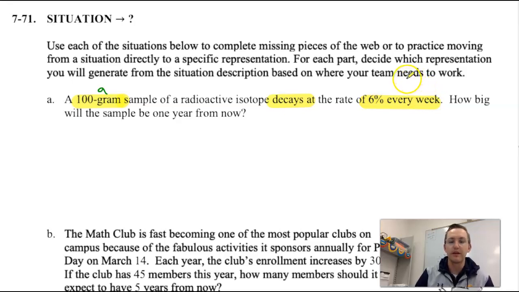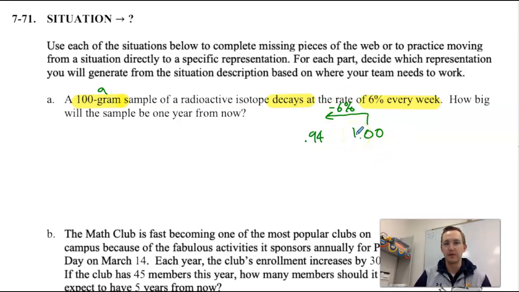6% every week. So now we got to think. If we're starting with 100% of our sample, so that's 1.00, we're taking away 6% every week. So we're subtracting 6% from that 100%, or 1.00. What we're left with is 0.94, because we have to turn that percentage into a decimal and subtract it from that 100%.